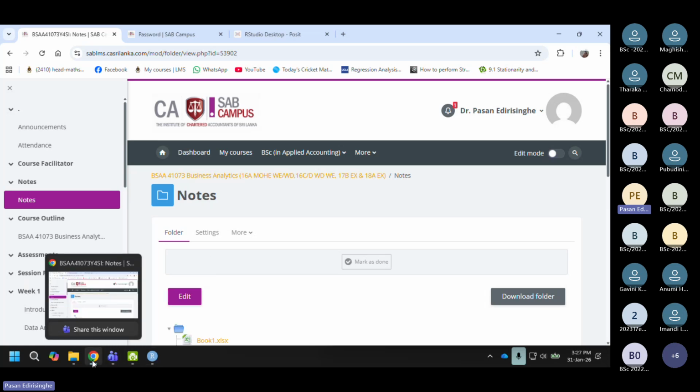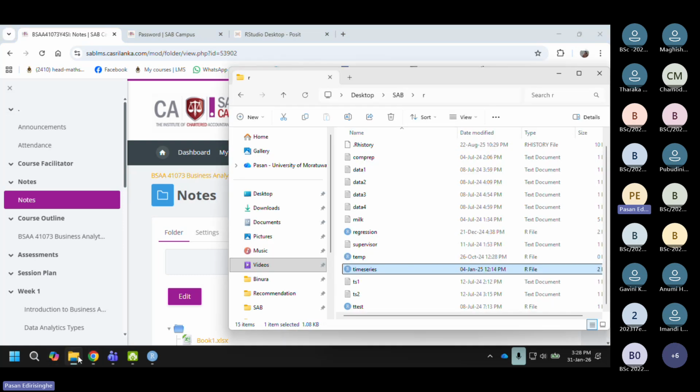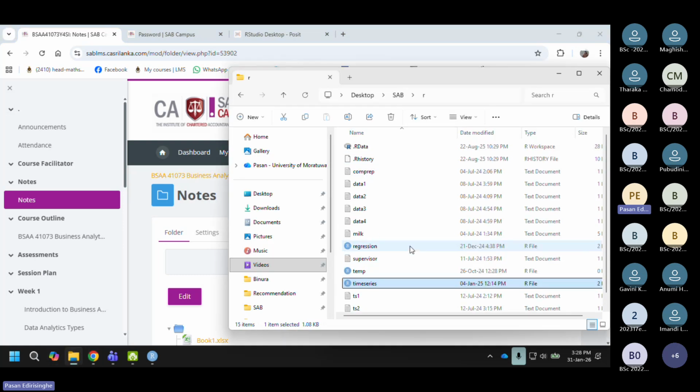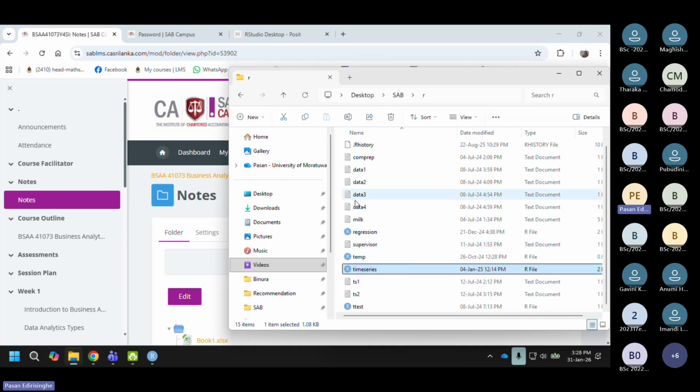Then what you have to do is, once you include those files, save all of them into one folder. Make sure that all the data files and the R codes are saved inside one folder.